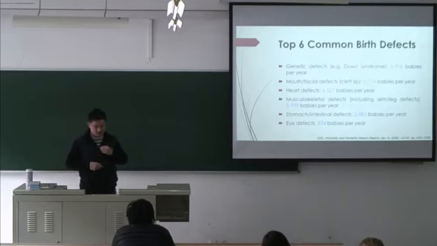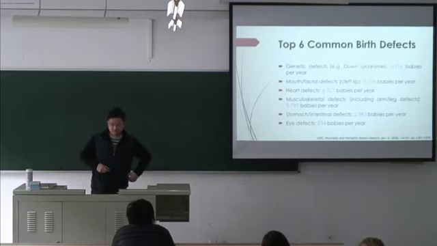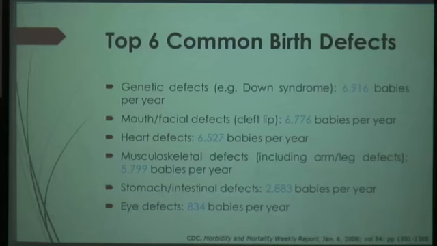And the second one is mouth and facial defects. For example, cleft lip. It's around the same number, but a little bit lower. Also, the next ones are heart defects, musculoskeletal defects, and stomach intestinal defects. The last one is eye defects.